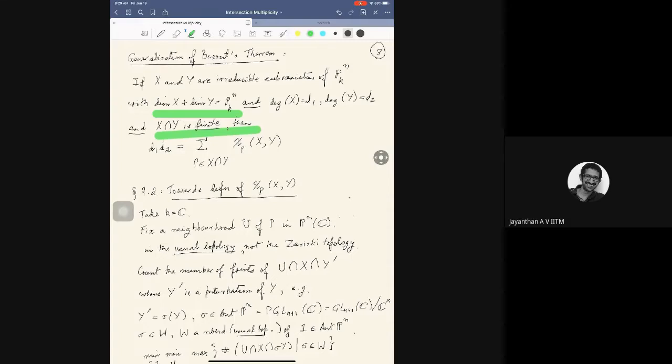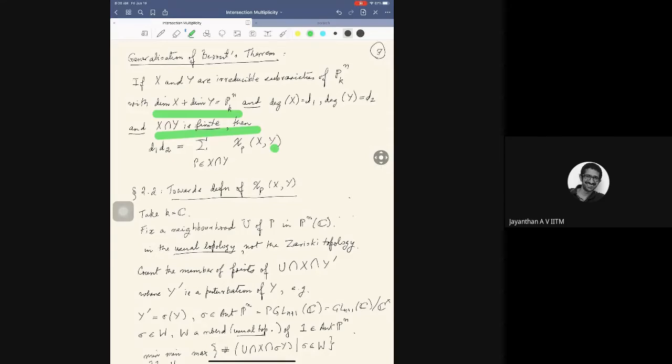Okay, so we would expect that. We have not given an indication of a proof here. Okay, so what we want to do is to take this Y, leave X alone, and then perturb the Y, and then intersect and count how many points we get.